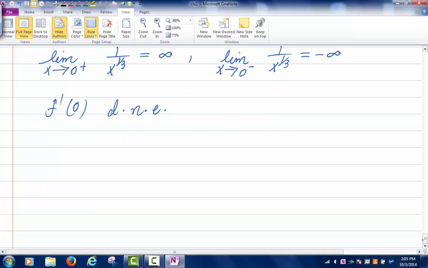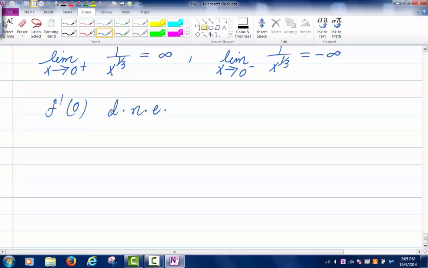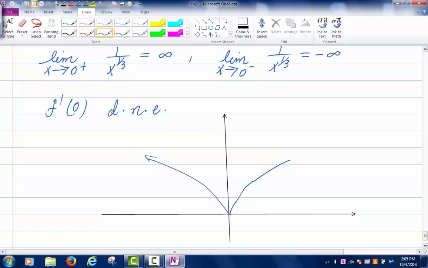Now let's see what happens graphically. I told you how the graph looks in the case of 1/3 last time. When you have 2/3, the graph looks like this.